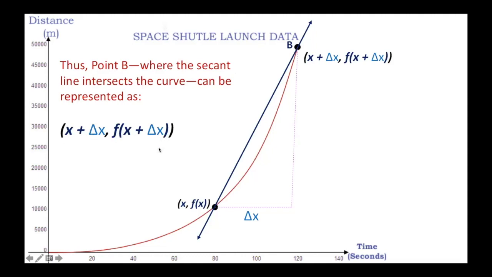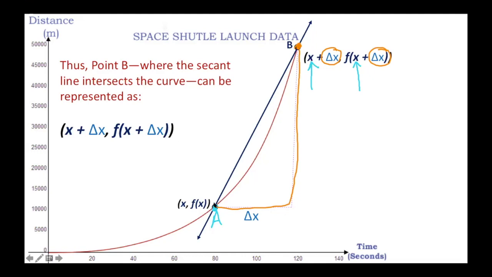Now, this all looks very confusing, but all it's saying is the following. If we take the coordinates of point A here, which are called x and f of x, which is like y, and we add an increment to it that we call delta x, we add that to the x and we evaluate that into the y, that's going to move you so far over and so far up to point B. This is just a way to mathematically express it.